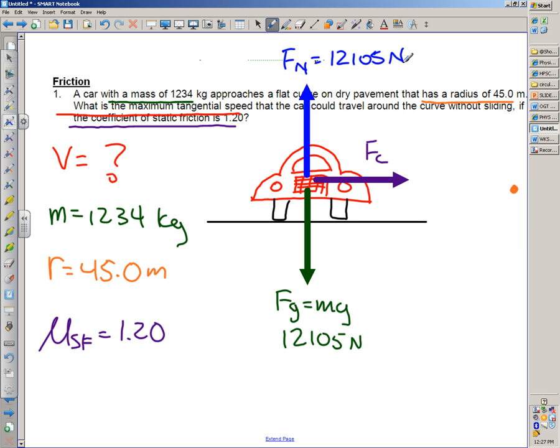Okay? Good there? Okay. Now here's where this problem gets a little bit tricky. Okay? At least the first time we do it. We've already established that there has to be centripetal force pointing the way that it's pointing in this picture, because an object going around a curve has to have a force that points towards the center of rotation. That's that purple arrow.